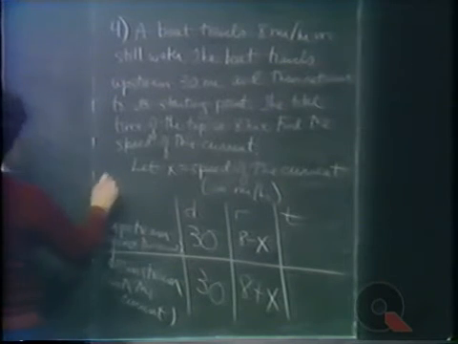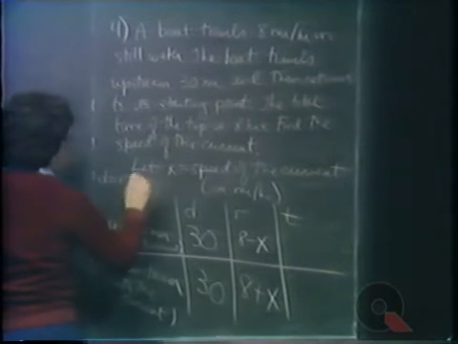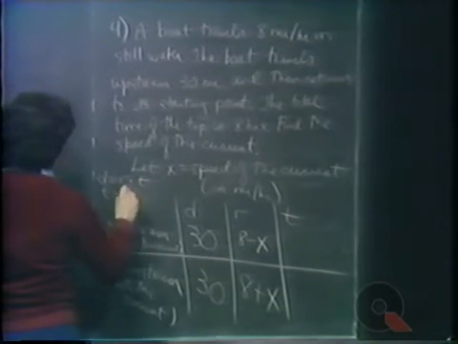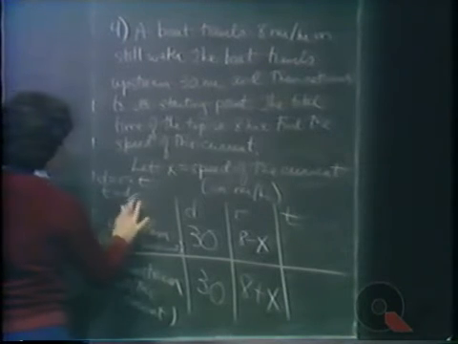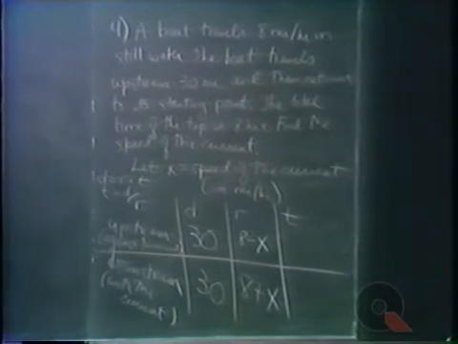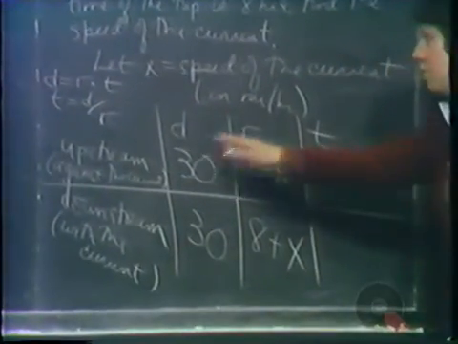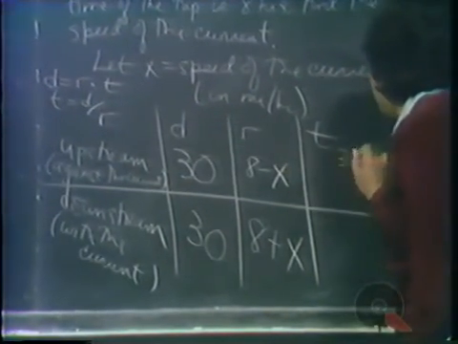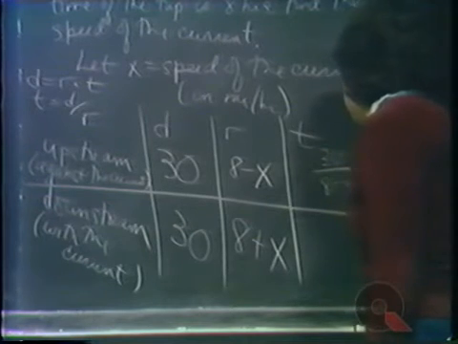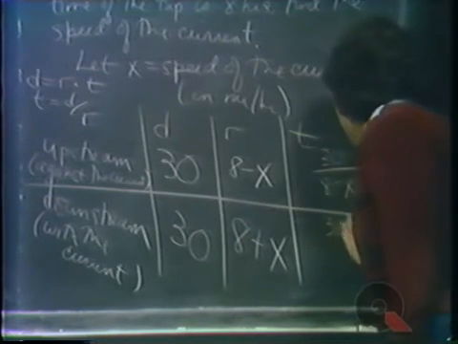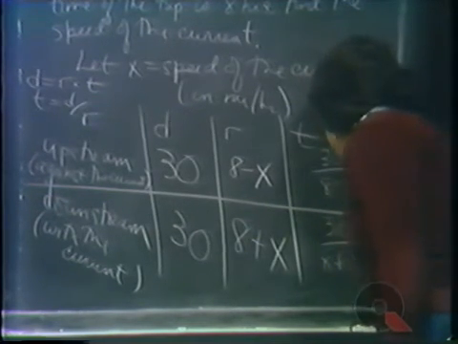Now, if distance is equal to rate times time, then time is equal to distance divided by rate. Okay, so over here, in the time column, we can put distance divided by rate, 30 over 8 minus x, and here, 30 over 8 plus x.